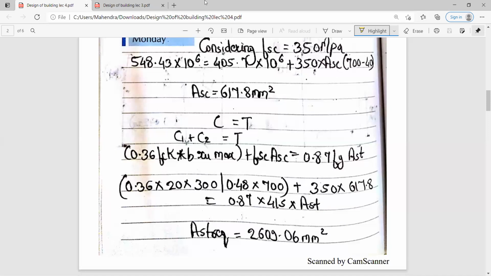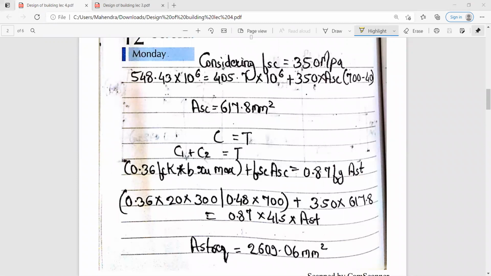After getting the value for area, let me know. Okay, completed.